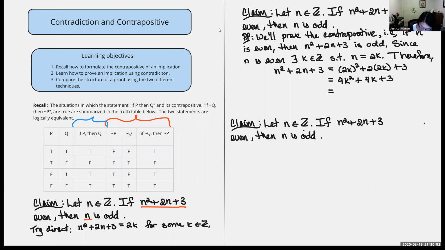And what I can see is that I can rewrite this as 4k squared plus 4k plus 2 plus 1. And this part is even. It's equal to 2 times 2k squared plus 2k plus 1. And so now I'm just going to move this. Let's see if I can move this down a little bit.